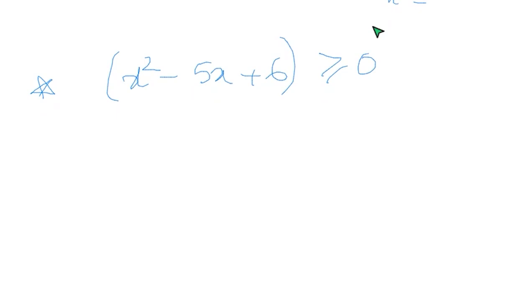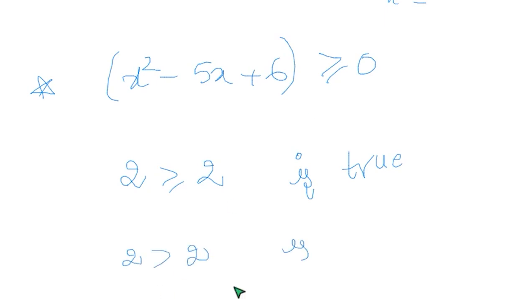Okay, 2 works because this becomes 0. So it is satisfying the equal to sign. See, if I write 2 greater than or equal to 2, is this true or false? True. But if I write 2 greater than 2, this is false.